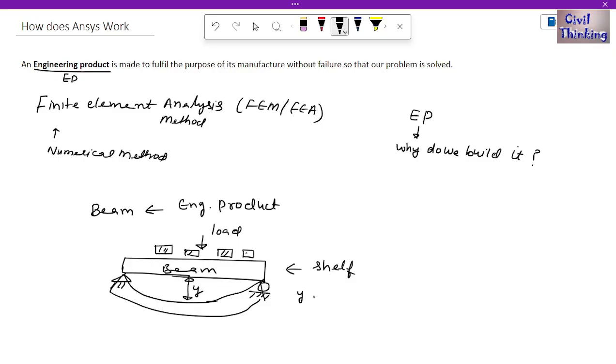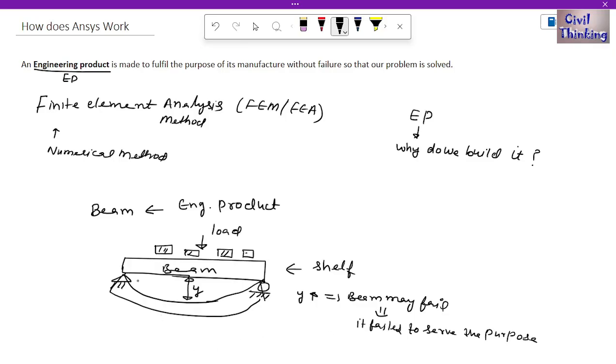Now if y is more, the beam may fail. And when the beam fails, what happens? It did not serve our purpose. It failed to serve the purpose.